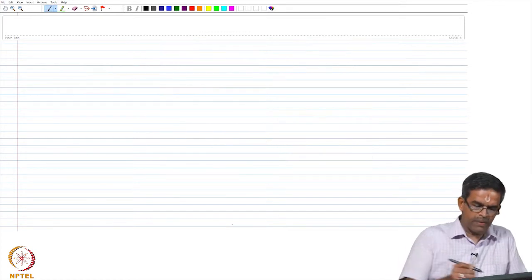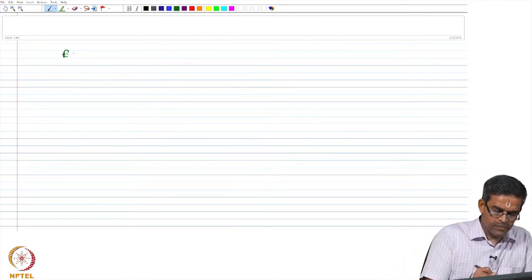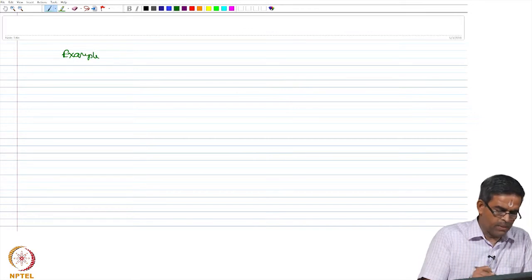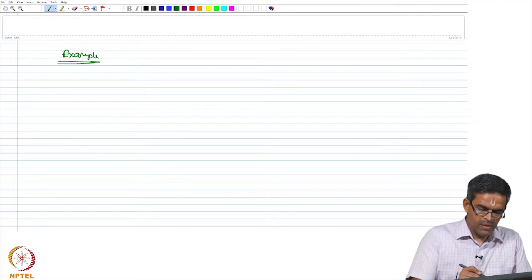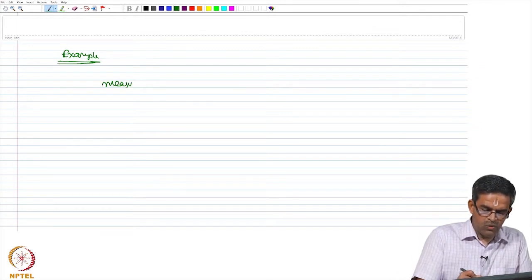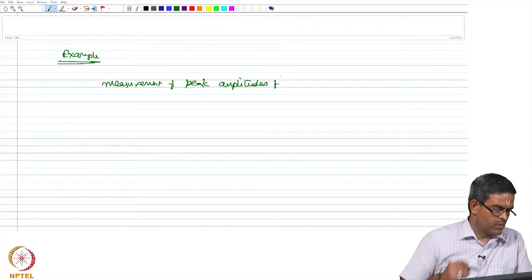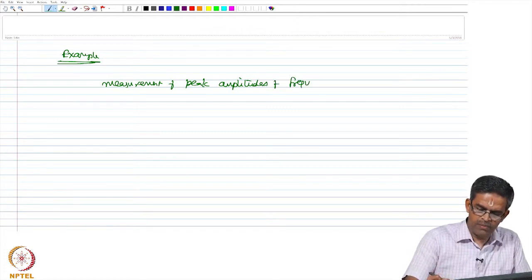I can give an example here. A very clear applied example is measurement of peak amplitudes of frequency spectrum.